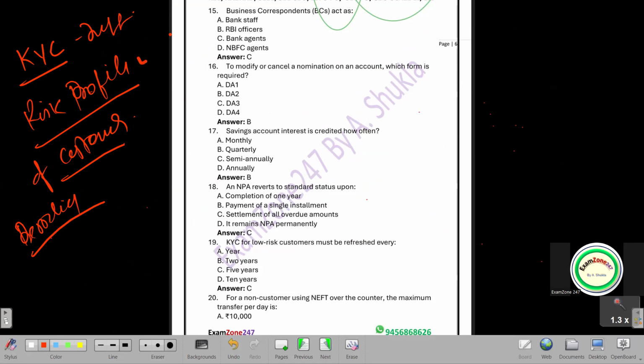Risk profile is a different thing and KYC updation is a different thing. What is the periodicity of risk profiling? Very nice, Sahil. It is 6 months. Risk profile is a different thing. KYC updation is a different thing.